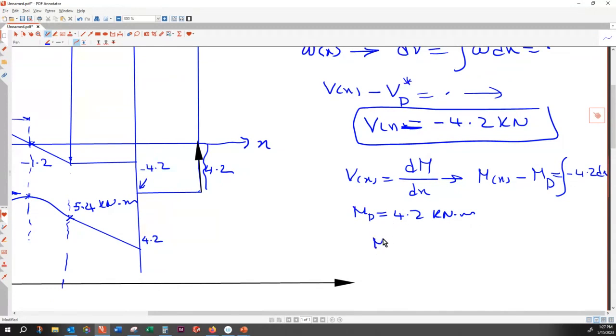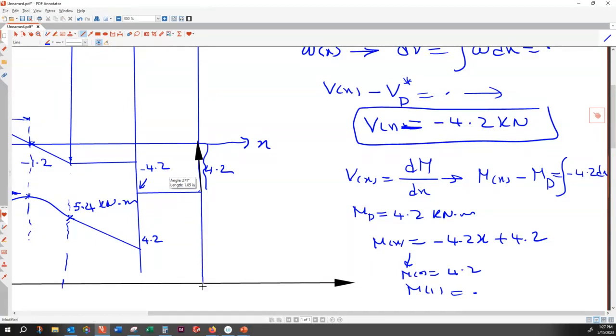So I just plug here, that is M of x is equal to integral of that one is minus 4.2x plus 4.2. So that means M of 0 is equal to 4.2, and M of 1, which is the endpoint, is equal to 0. So this is the equation of a line with a negative slope. It means my bending moment goes from 4.2 to 0.